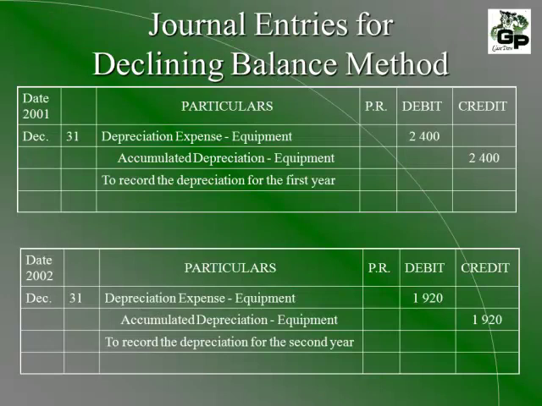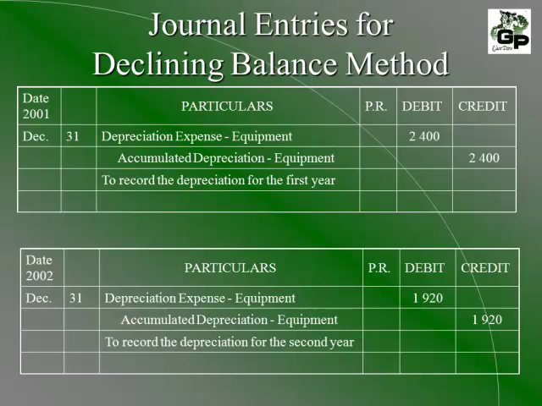The journal entries for the declining balance method are as follows. We are going to take a look in this example at a year of 2001 and 2002. For 2001, the depreciation expense is $2,400. The accumulated depreciation is $2,400.